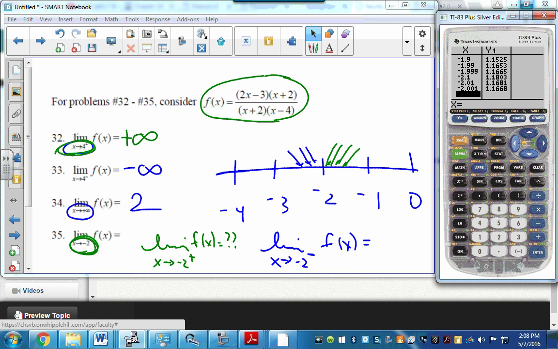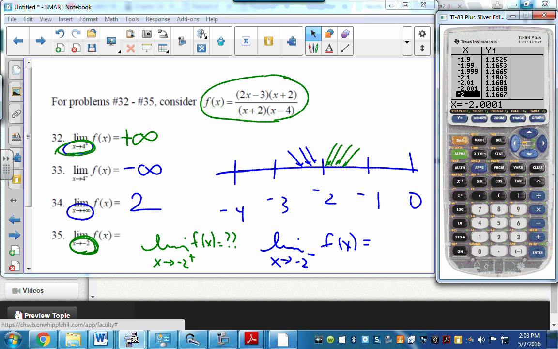It seems to be around 1.166. Let's get even closer. -2.0001. So we're 10,000th away now?